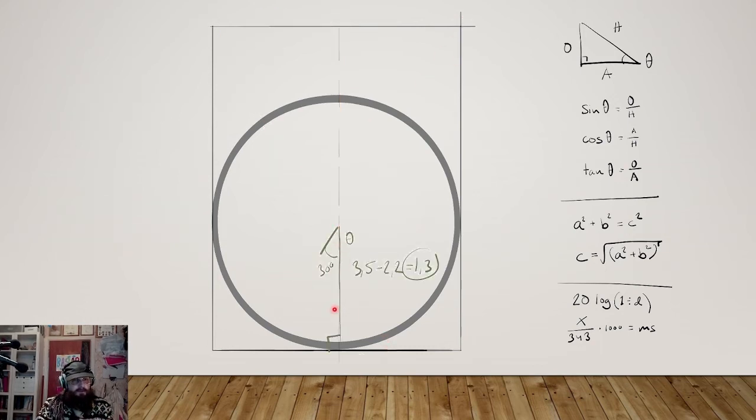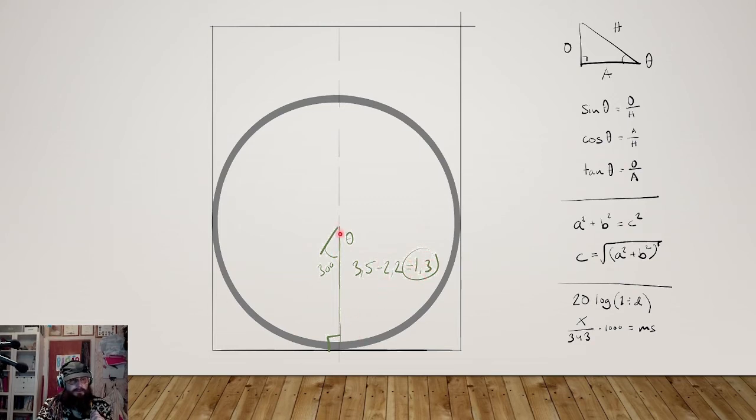Now for the rear speakers, we have basically the information we need right now, because we know the distance from our listening position to the rear wall, which was the length of the room minus the distance between our listening position and the front wall. And that, ladies and gentlemen, 3.5 minus 2.2 is 1.3.